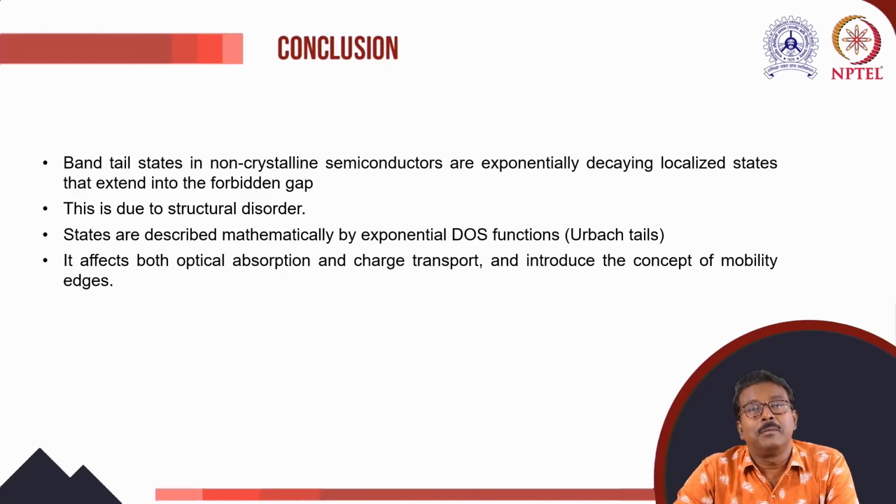The states are described mathematically by an exponential density of states expression, which is different from the expression for density of states in crystalline semiconductor material. These tails are also called Urbach tails. It affects both optical absorption and charge transport and introduces the concept of mobility edge. And photons with energy less than the band gap energy can also be absorbed by amorphous material.